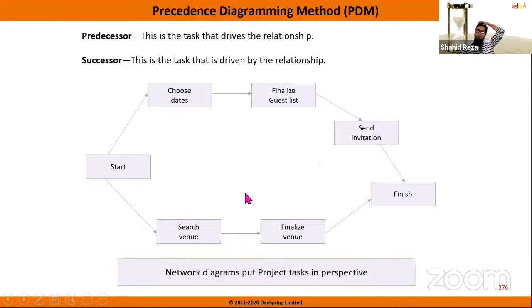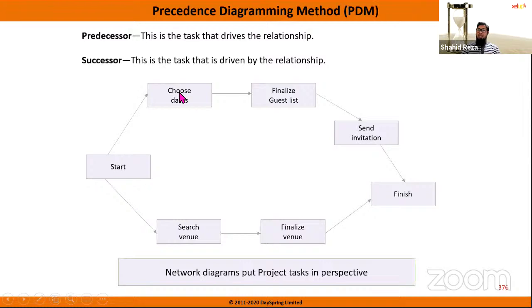See here, this is actually a network diagram. What is here in the network diagram? There is a start milestone and there is a finish milestone, and all the activities. These are example activities. So choose dates. Then after choosing the date, we can finalize the guest list for our event, for example, our conference event.